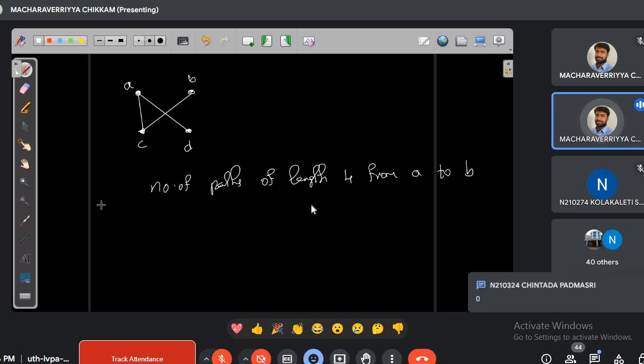So write the adjacency matrix for it. A equals, let me write in this order, A, B, C, D.